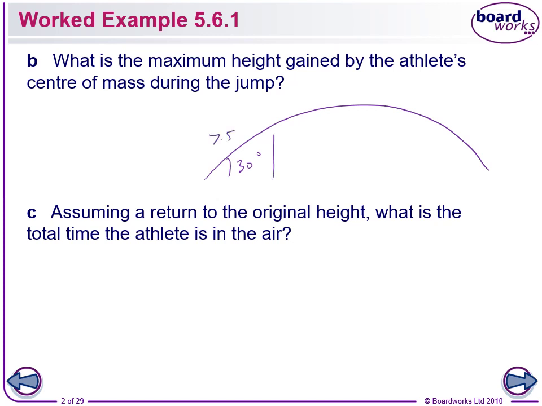So our initial vertical velocity is probably going to help us here. Our vertical velocity initially is going to be 7.5 times sine 30, which is 3.75.